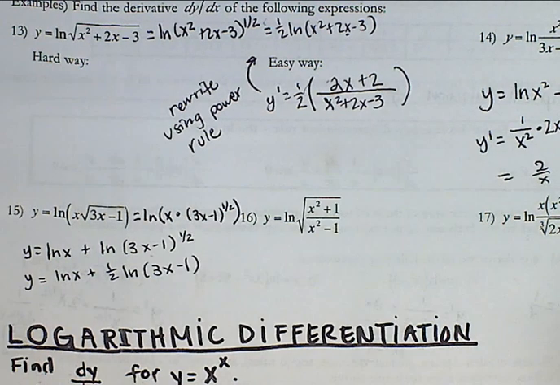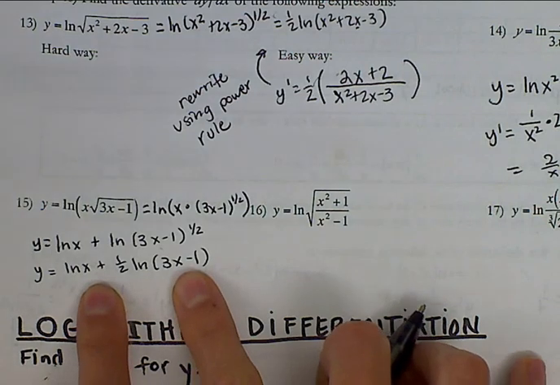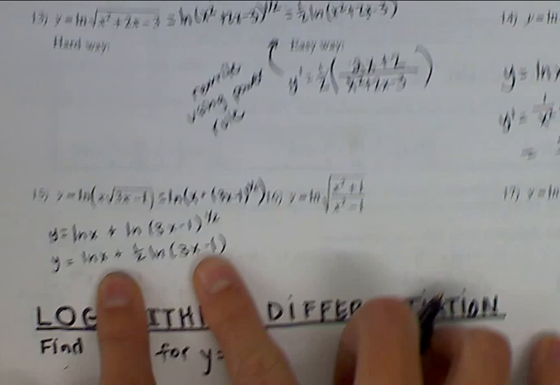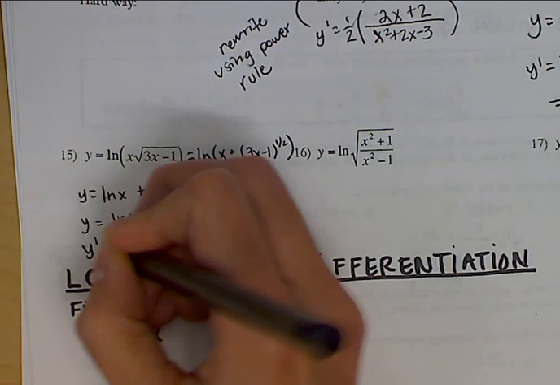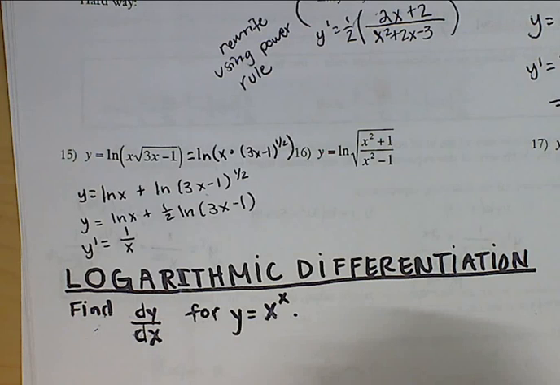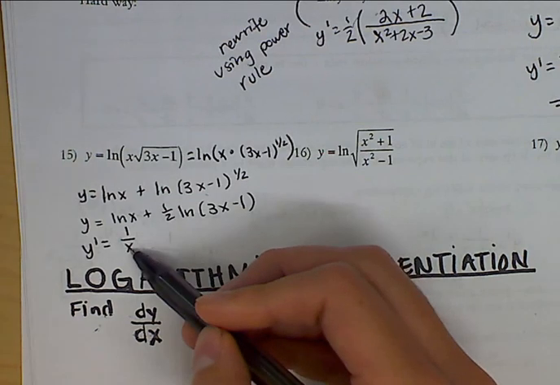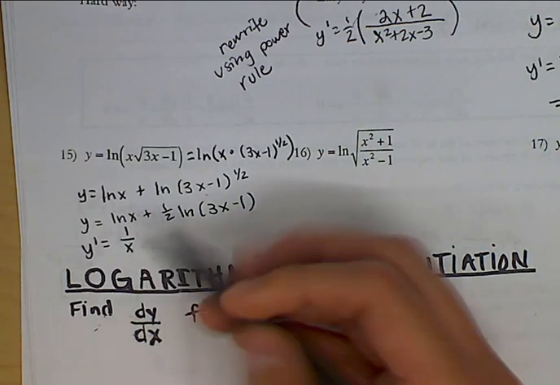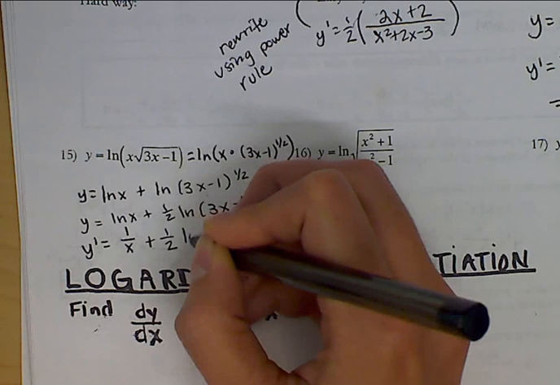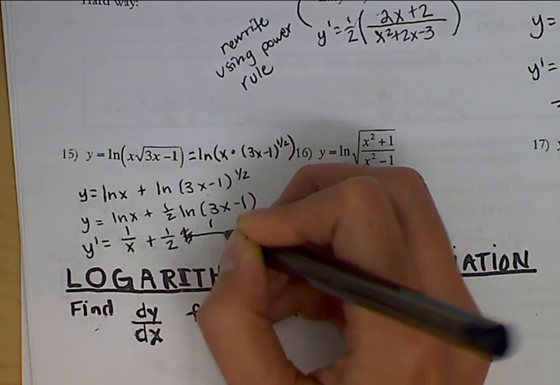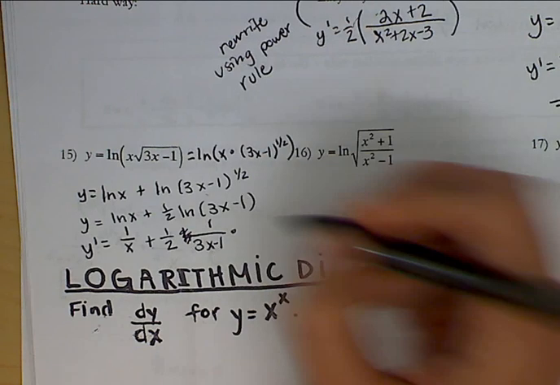Now I can take the derivatives using the simple natural log derivative. So y prime equals 1 over x. And usually I would multiply by the derivative, but the derivative of x is just going to be 1, plus a half, and then 1 over 3x minus 1 times the derivative of that, which is 3.